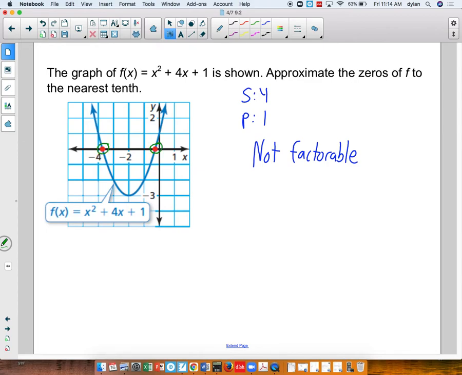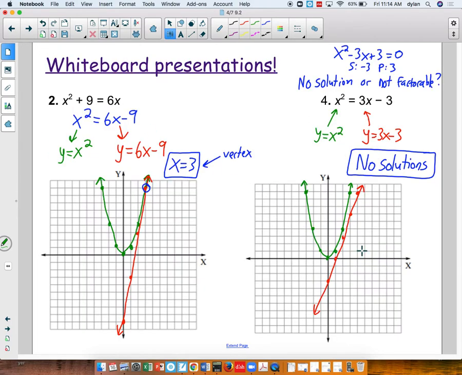They're just not whole numbers. And so this is important because this shows the difference between not factorable, which still can have solutions, and no solutions, like we saw in our last example, because they actually don't cross. So the difference here is pretty clear.